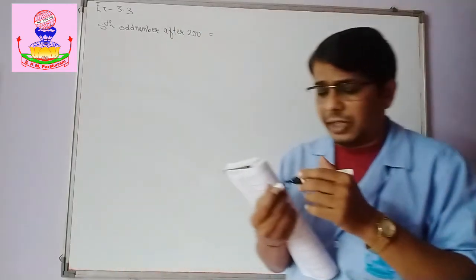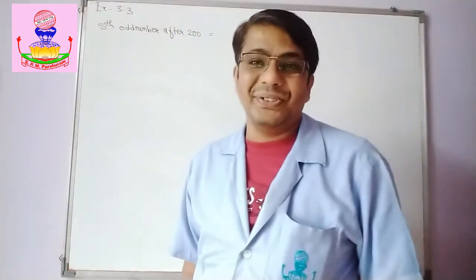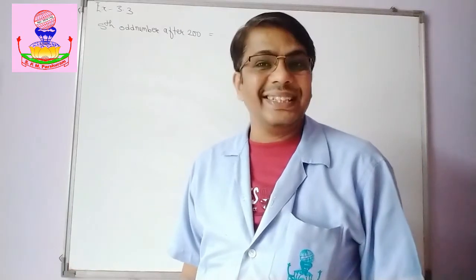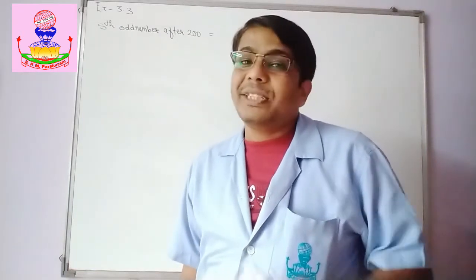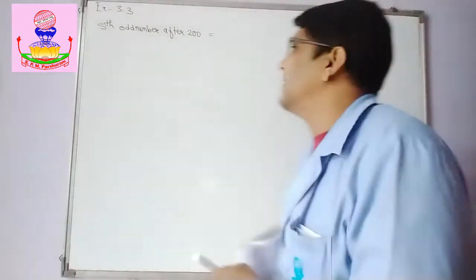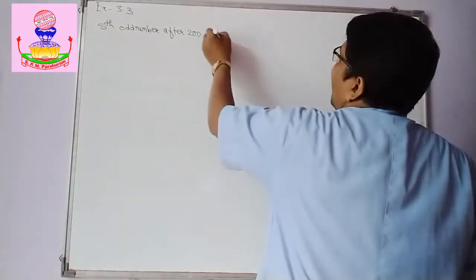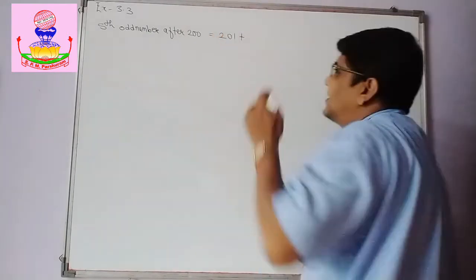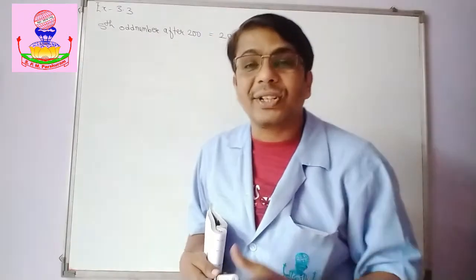Now one thing I would like to make it clear. Is 200 a odd number? No. 200 is an even number. So which is the next odd number? First odd number after 200? Yes, exactly. It is 201.